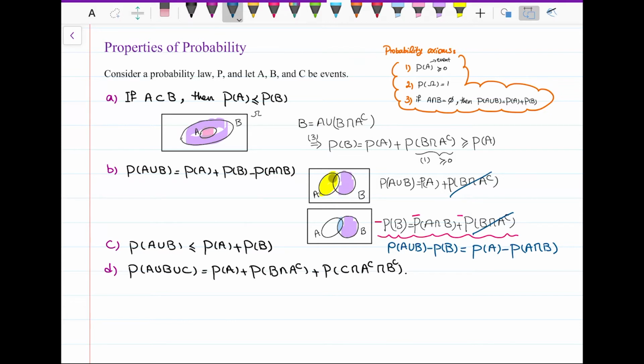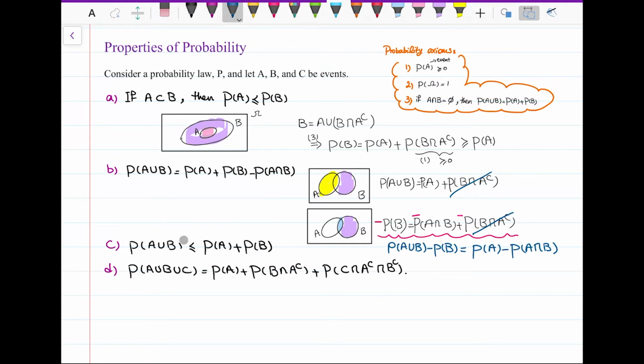I wrote A union B as two disjoint sets, A and B intersection with AC, and I wrote the set B as this blue area with this purple area, and then I subtract them, and that's how I basically erase the term that I didn't want, B intersection with AC, and I got this equation.